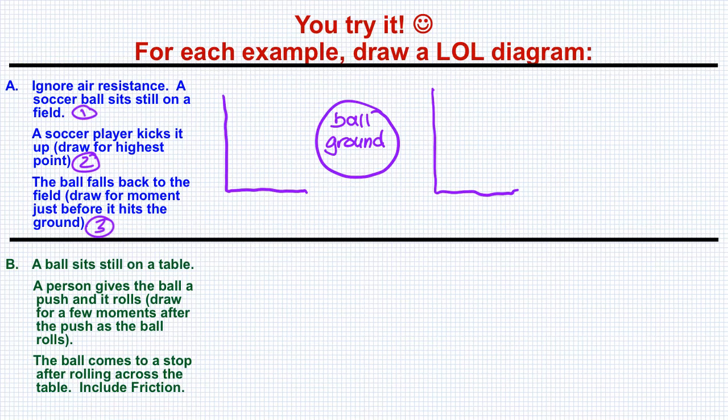That's kind of up to you, how you want that to be. You could draw a perfectly correct LOL diagram having the soccer player in the system, or you could have one drawing him outside the system. I kind of want to focus on what's happening to the ball, and so I'm going to put the soccer player outside of the system.